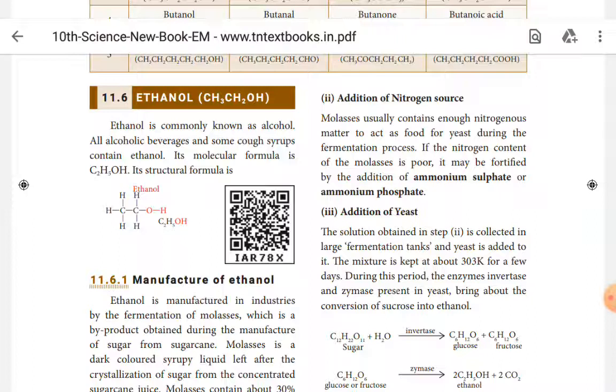That is also the formula. Then I will expand it. What is the structural formula? The structural formula is given in the pattern of CH3, CH2OH. CH3: the first carbon bonded with 3 hydrogens, then CH2: the second carbon with 2 hydrogens, then hydroxyl, oxygen, hydrogen. CH3CH2OH is expanded in the form of a structural formula.